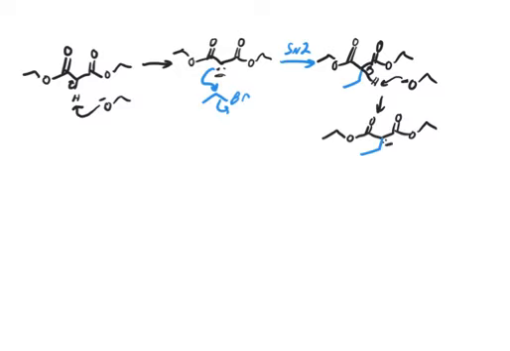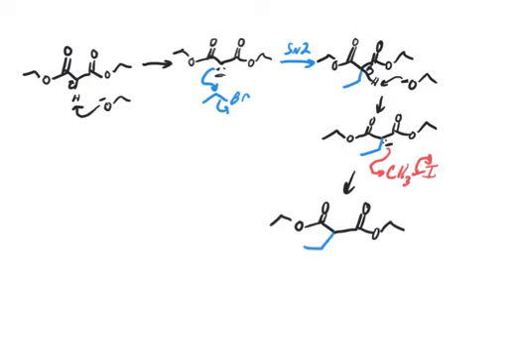Okay, and that's going to do another SN2 displacement of the methyl group. Kick out the iodide, and we are going to wind up with the dialkylated material, which is going to look like this.